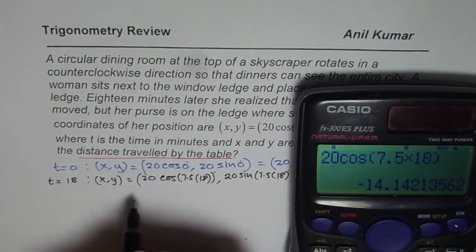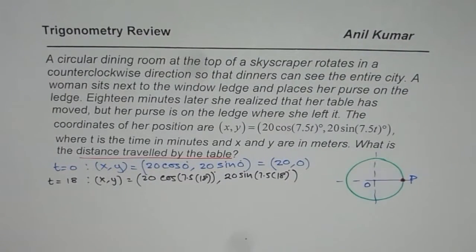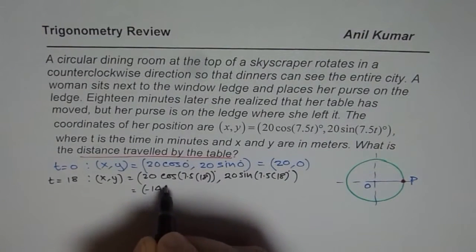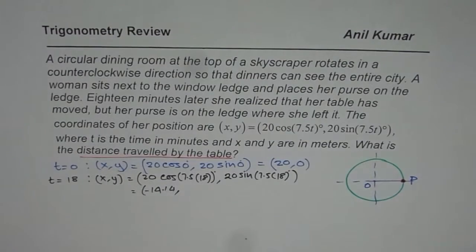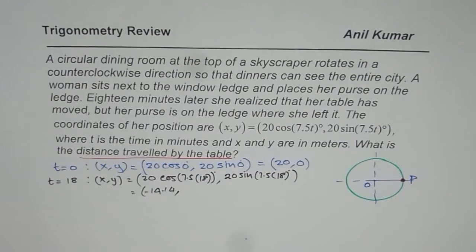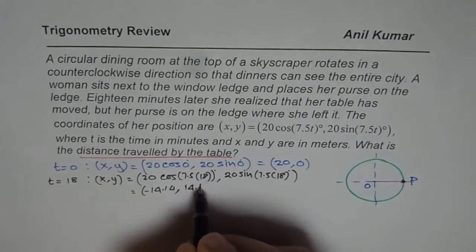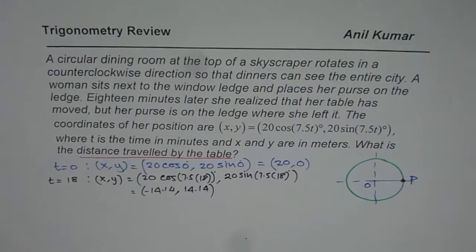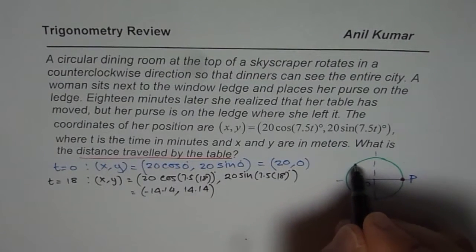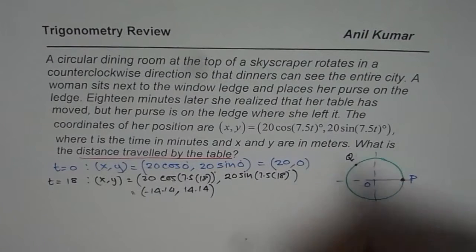Let's write down in decimal values: minus 14.14. And for sine, we have 20 sin(7.5 × 18) equals the positive value of the same thing, 14.14. So these are the x and y points. The minus means here and the 14 means here, so the point will be somewhere here. Let's call this point Q.